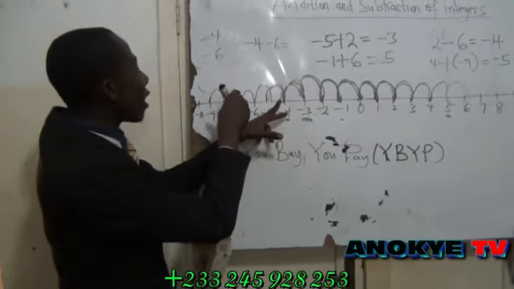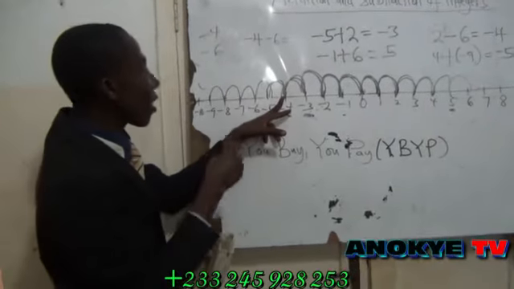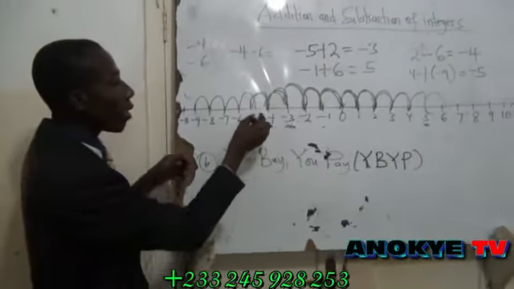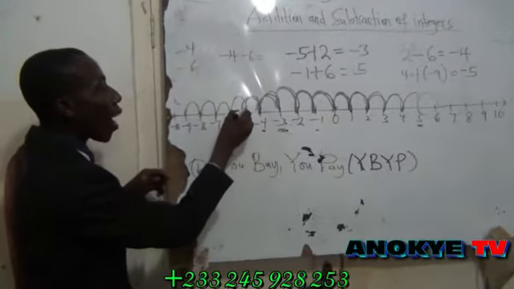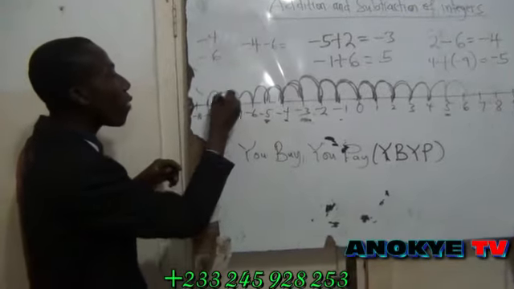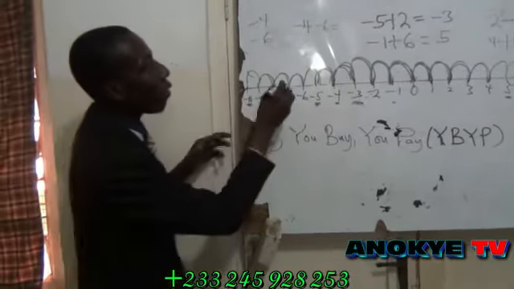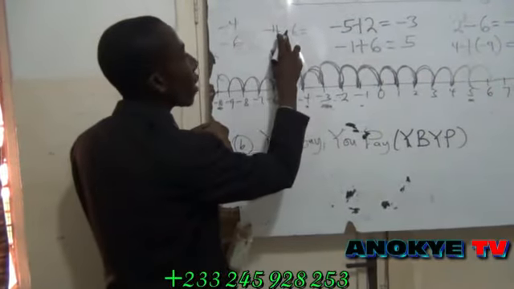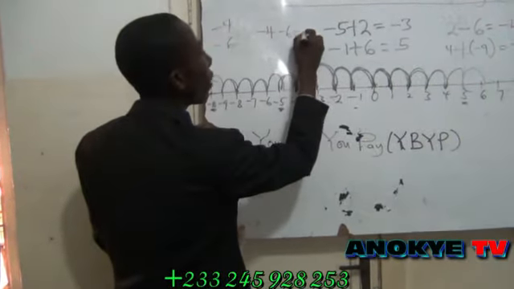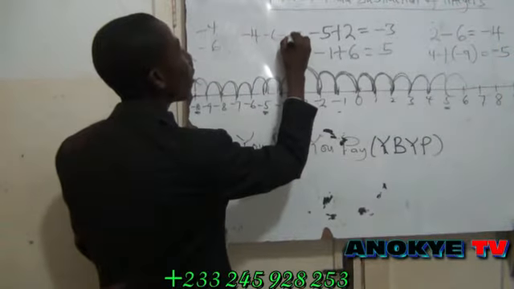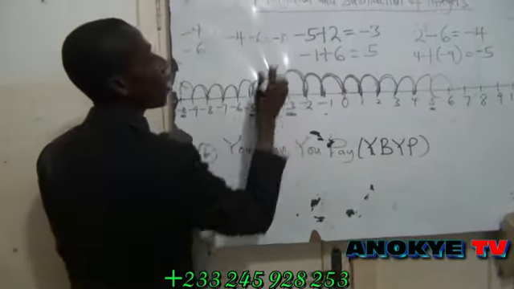The second one is negative, so I'll move to the left 6 times. So let us move: 1, 2, 3, 4, 5, 6. So -10. Therefore, -4 minus 6 will give us negative what? 10. Okay, it's -10.